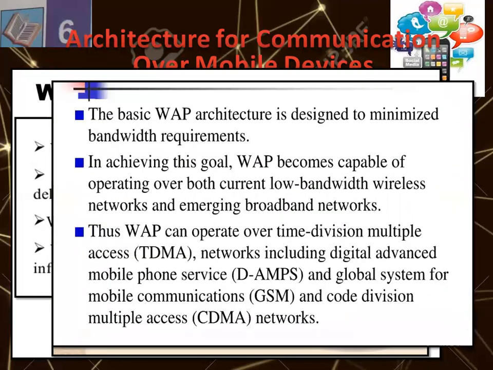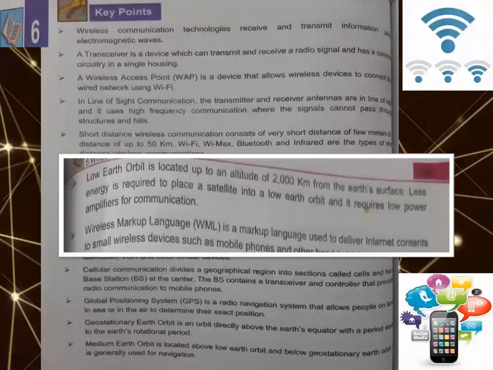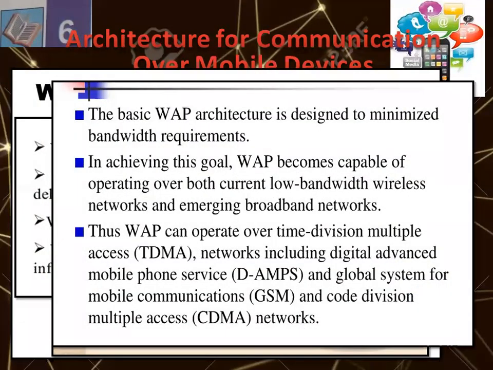So this is a WAP application, and the basic WAP architecture is designed to minimize the bandwidth requirement. In achieving this goal, WAP becomes capable of operating over both current low bandwidth wireless networks and emerging broadband networks.